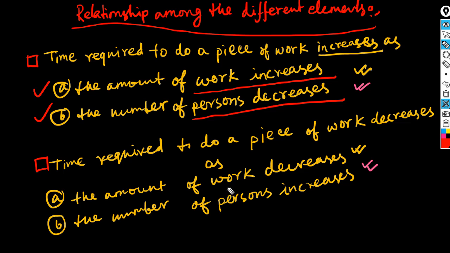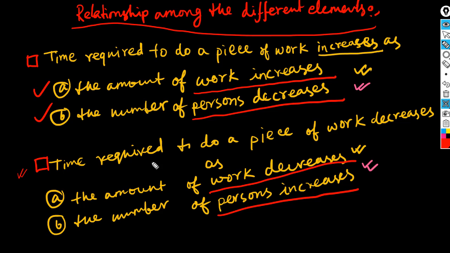So clearly you can understand this type of thing, and always remember it. The time required to do a piece of work increases as A, the amount of work increases, and B, the number of persons decreases.